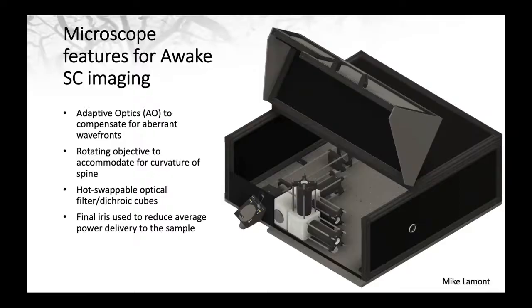The main premise of adaptive optics is to compensate for optical aberrations in the spinal cord. Because what happens in the spinal cord is that there's a lot of myelin on the outside of the spinal cord compared to the brain. The brain has the gray matter on the outside, which is a lot easier to see through optically because there's a lot less optical aberration.